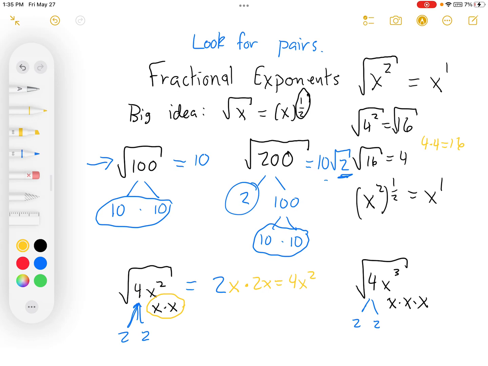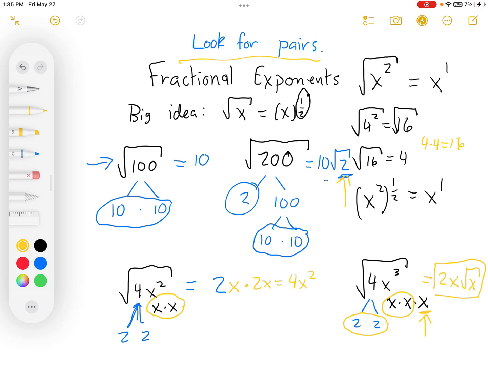Now we look for pairs. We have a pair of 2's. We have a pair of x's, so I'm going to put one x on the outside of a radical. But you'll notice we have an x that has to be left behind. The same way we had to leave a 2 behind here, we have to leave an x behind here. So that is going to stay in the radical.